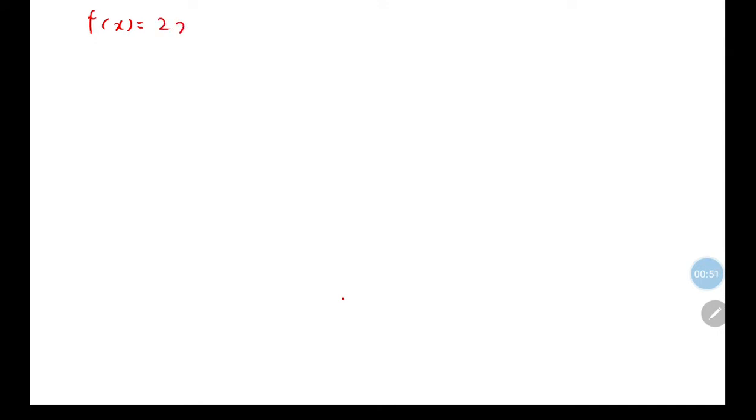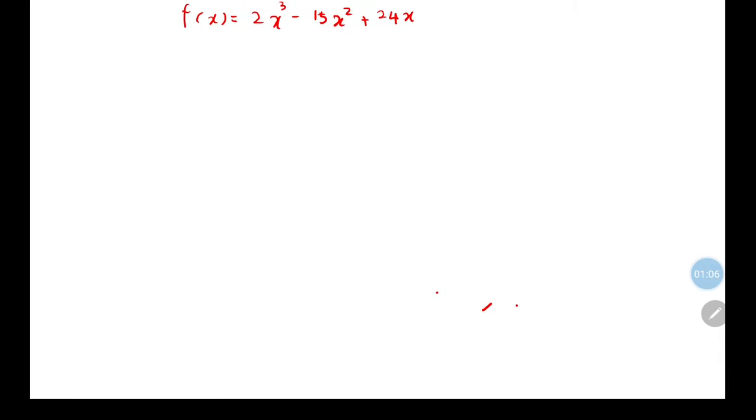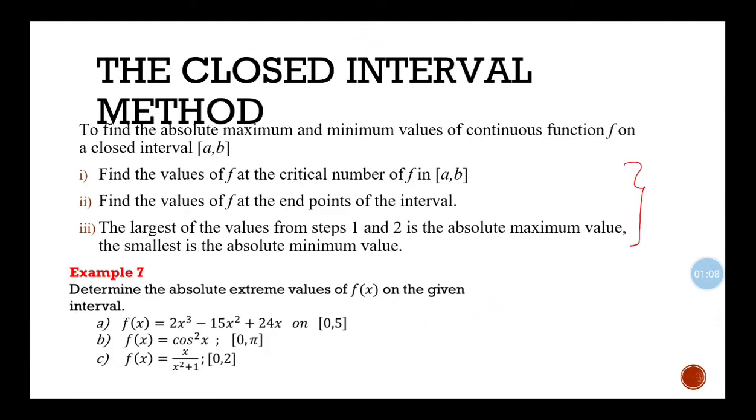The first question is f(x) equals 2x cubed minus 15x squared plus 24x. Okay, now let's look at this question. The question wants us to determine the absolute extreme values of f(x) on this given interval.